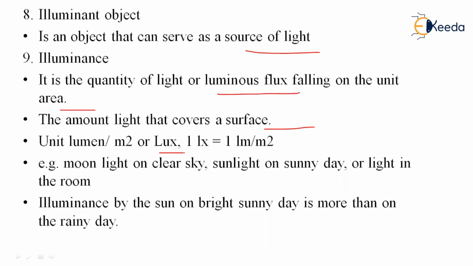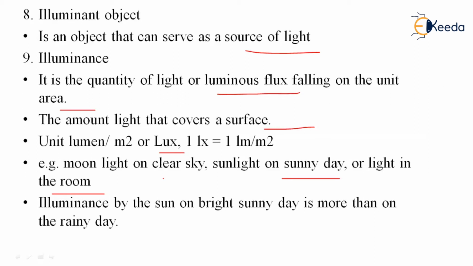Examples are moonlight on a clear sky, sunlight on a sunny day, or light in the room. All these examples are of illuminance, like how much light we are getting on a full moon day on a clear sky. The illuminance is whitish in nature.